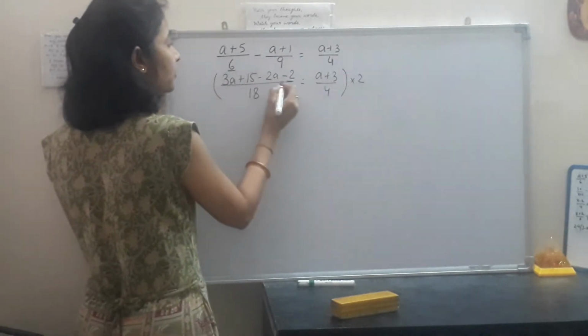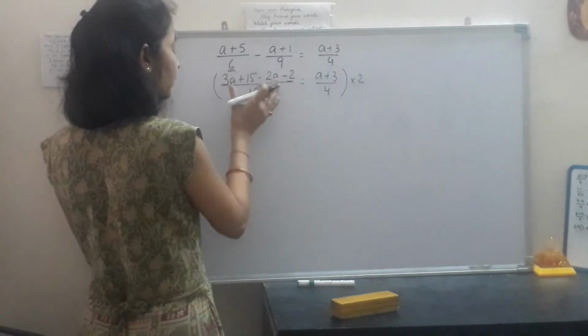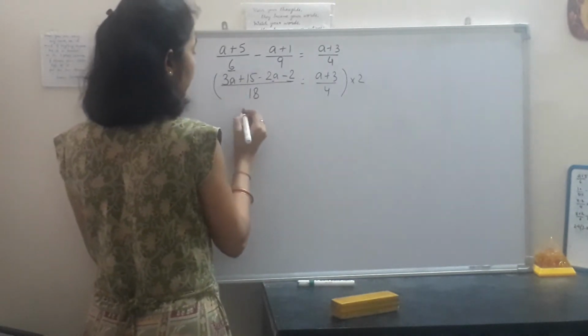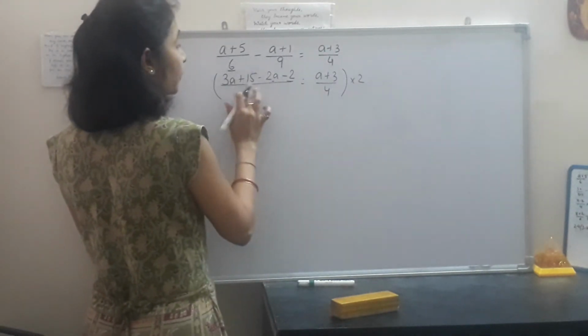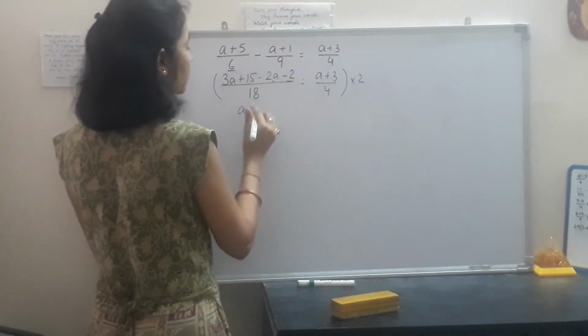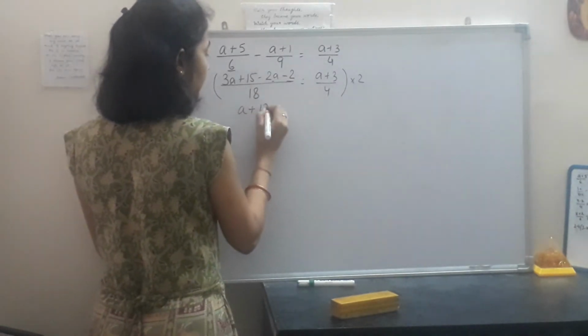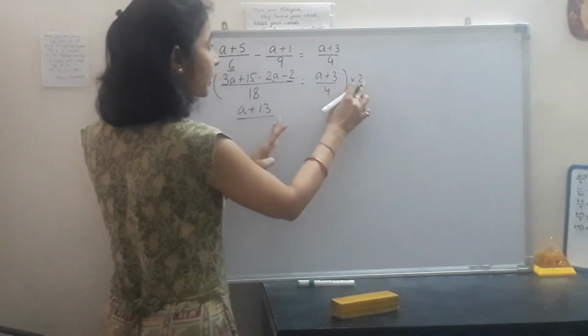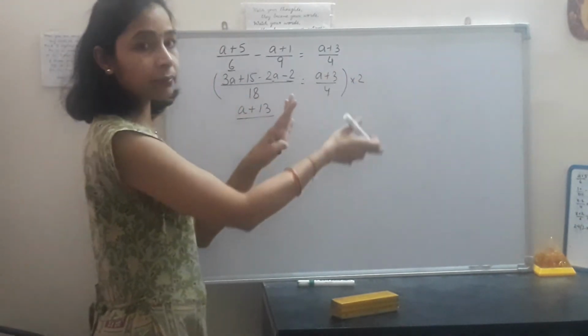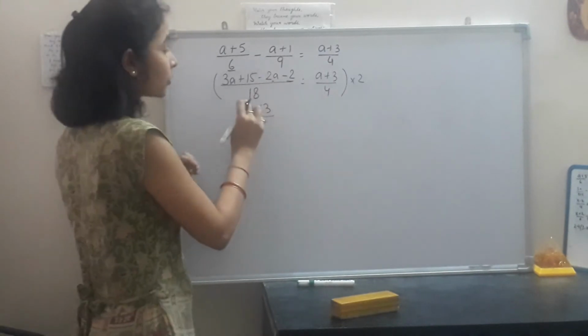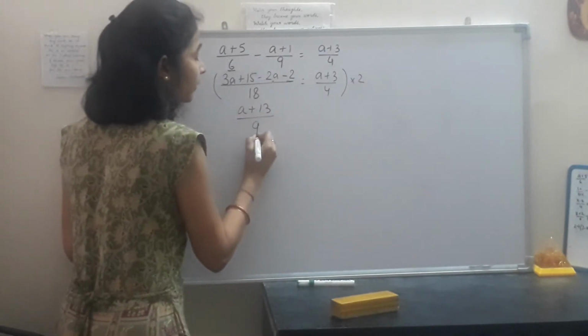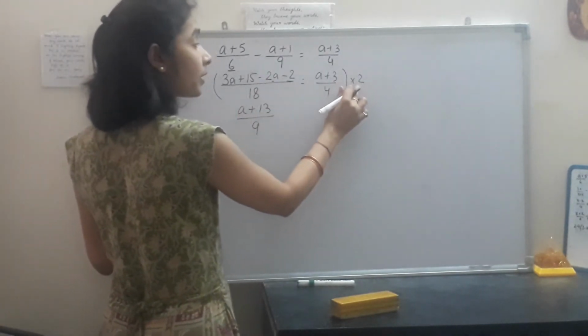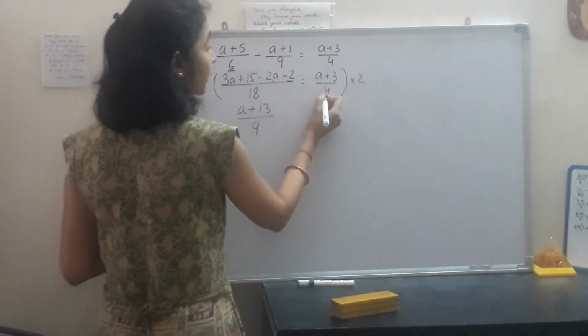Now taking the like terms, 3a and 2a are like terms, so 3a minus 2a gives me a. 15 and 2 are like terms, so 15 minus 2 gives me 13, so a plus 13. In the denominator I am multiplying by 2 on both the sides, so 1 upon 18 multiplied by 2 gives me 1 upon 9. Because I have multiplied the equation by 2, the denominator becomes 9.